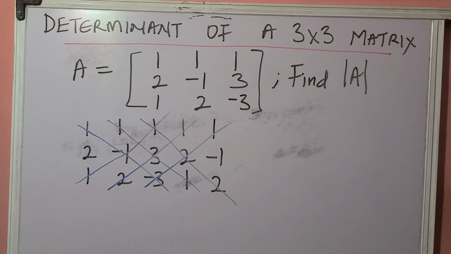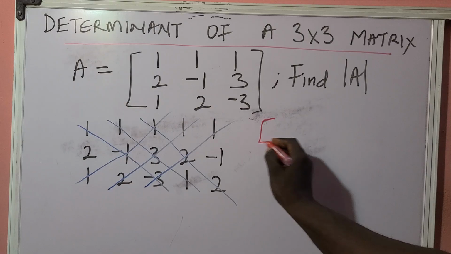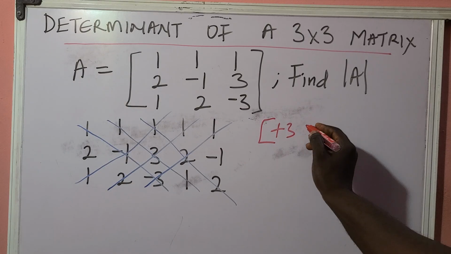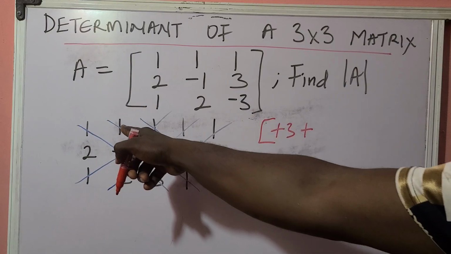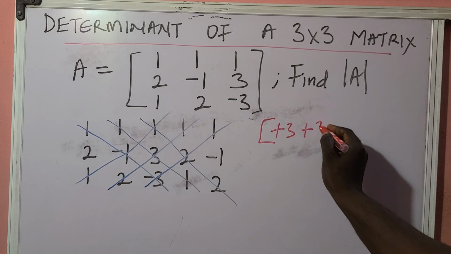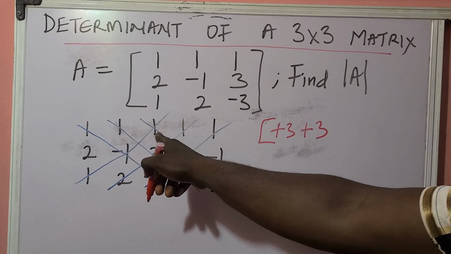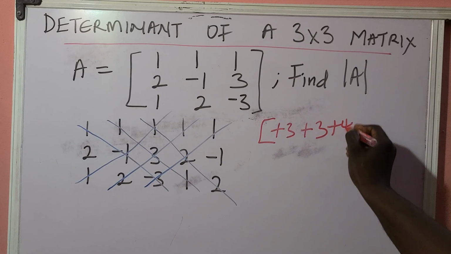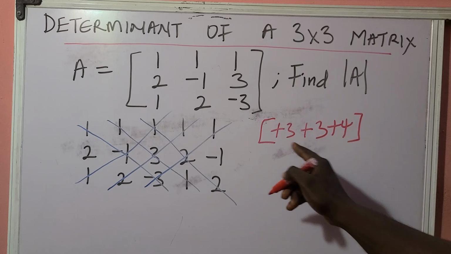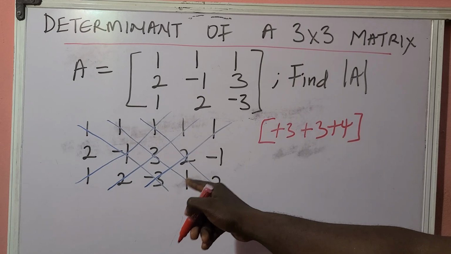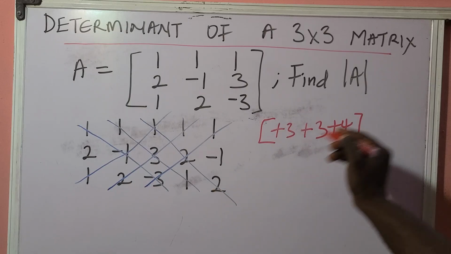Then 1 times 3 times 1, that will be plus 3, then 1 times 2 times 2, that will be plus 4. So this is the value you get from adding the multiplied values of the leading diagonals.